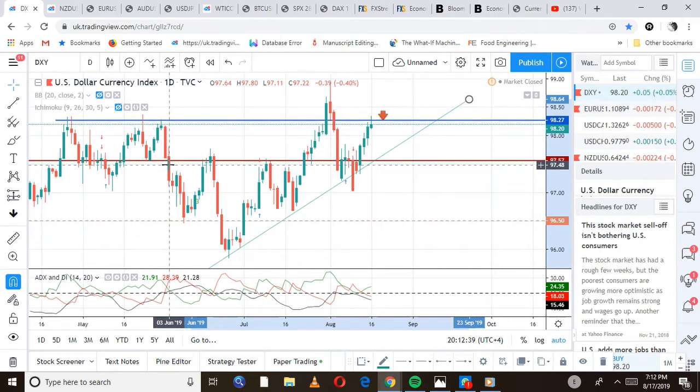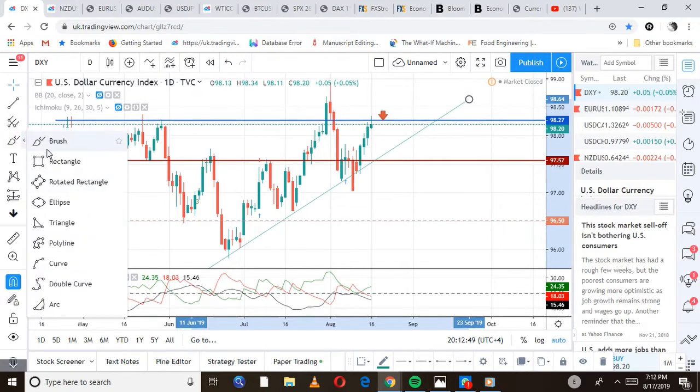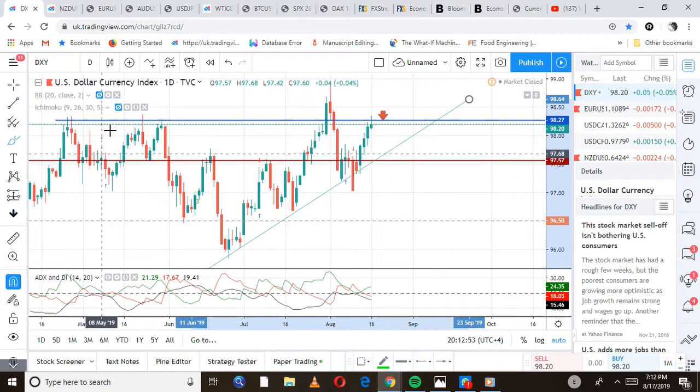As you may see on the chart there, we're looking for a sell on the USD currency index. That is strictly based on technicals. As you can see, previously we had two to three resistances that gave us a really good opportunity to sell all the way down.